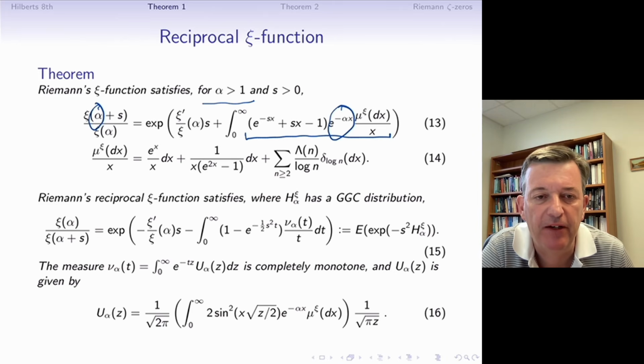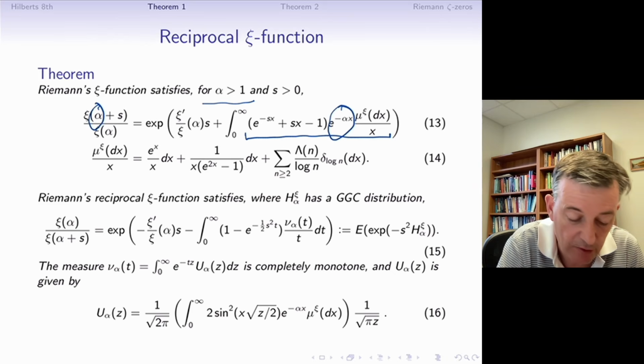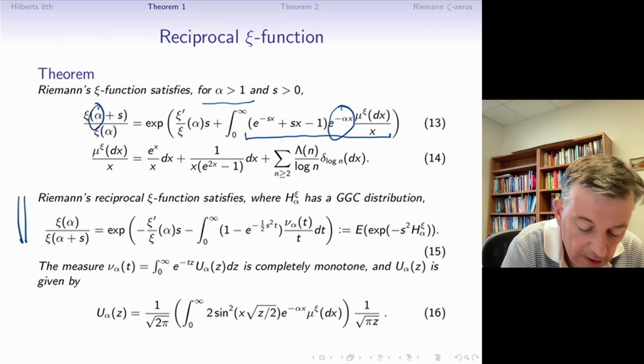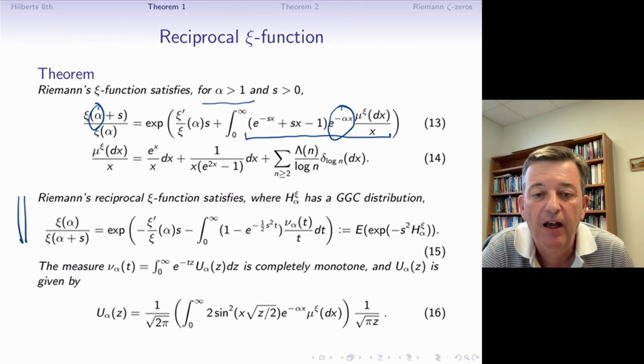And again, this dates back to Khinchin in the 1930s, where he proved certain infinite divisibility properties and representations of the psi function as a Fourier and Laplace transform. Now, what's new is that we have to look at the reciprocal function, and what's new is that we have to find the Thorin measure.